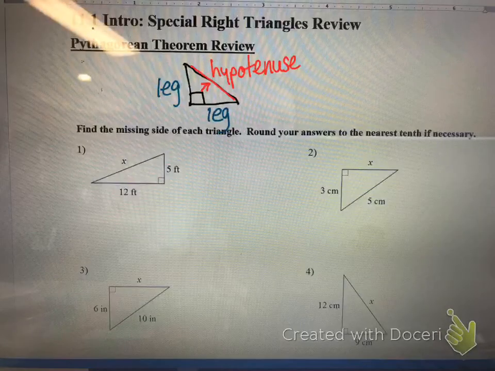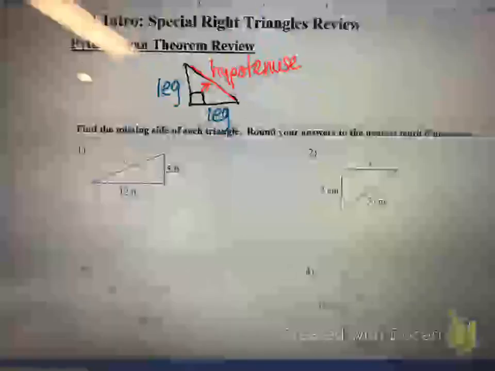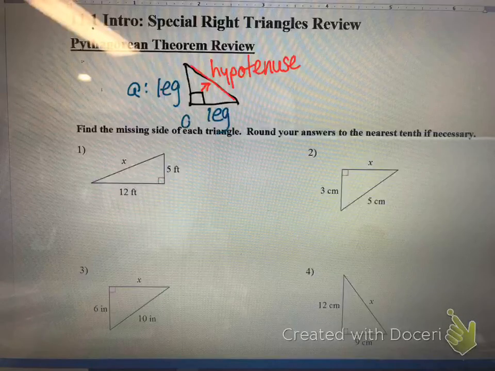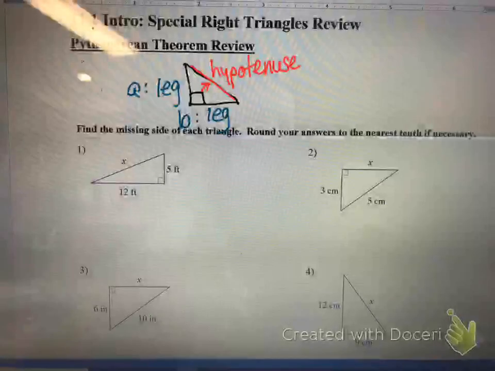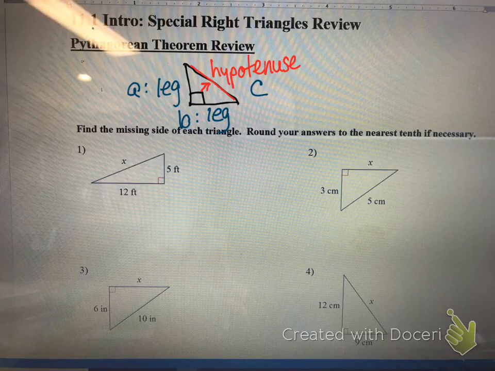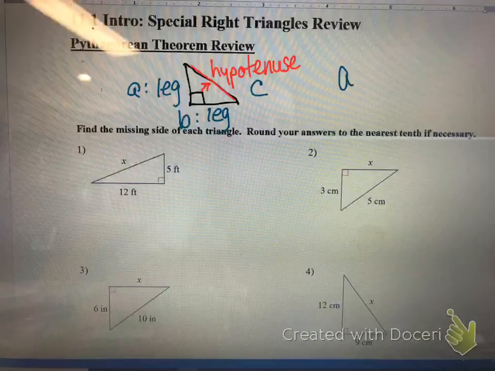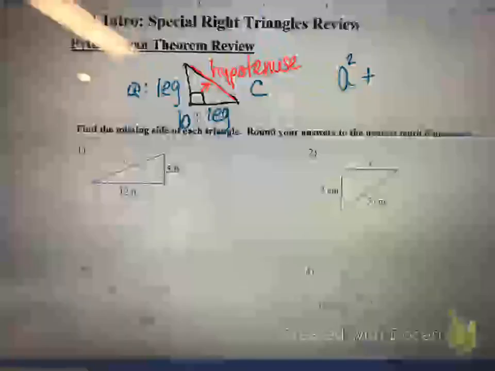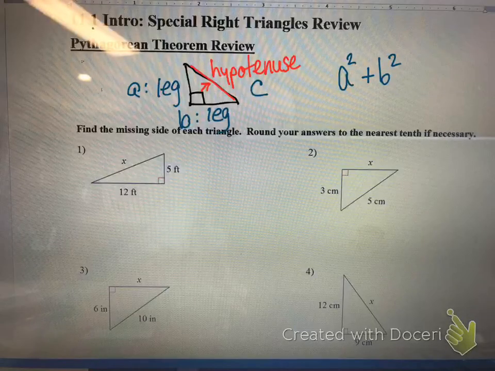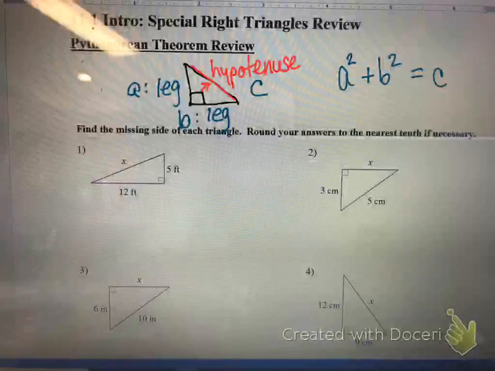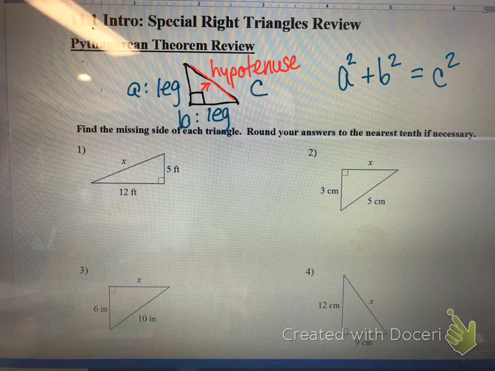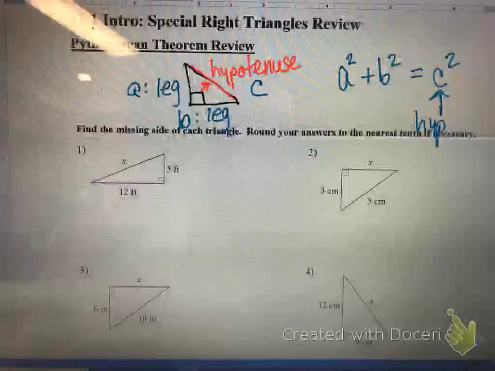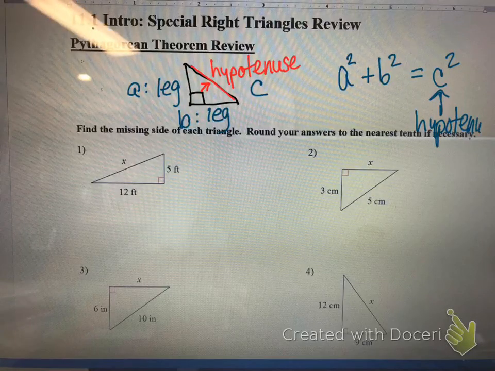Let's say I name these A, B, and C. Your Pythagorean theorem says if we square both legs and add them up, it will equal the hypotenuse squared. So A squared plus B squared equals C squared, where C is always the hypotenuse. That's the one important thing: C has to be the hypotenuse.